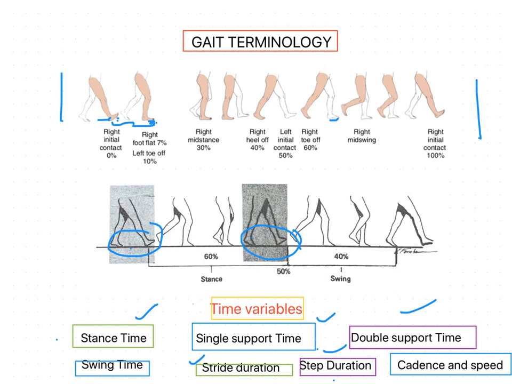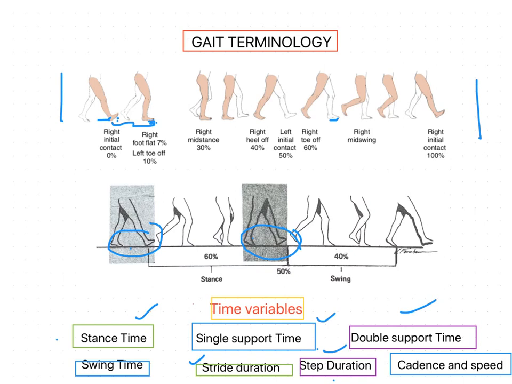A step frequency or cadence of about 100 steps per minute can be considered typical for adult men, while a typical cadence for women is about 116 steps per minute. That is the cadence. Speed is measured in centimeters per minute.